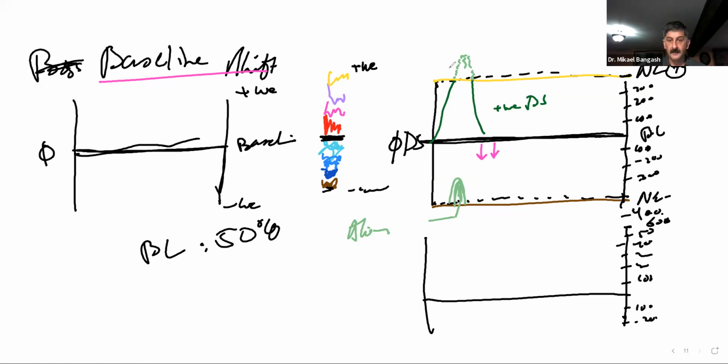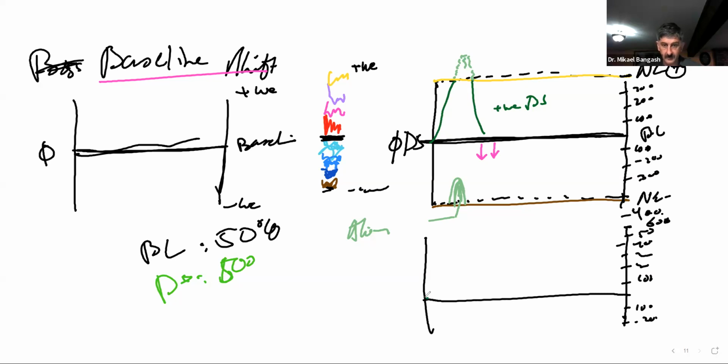In this instance, our Doppler shift was 500 centimeters per second, but our Nyquist limit on the positive side was only 400 centimeters. So by bringing the baseline down, what happens?